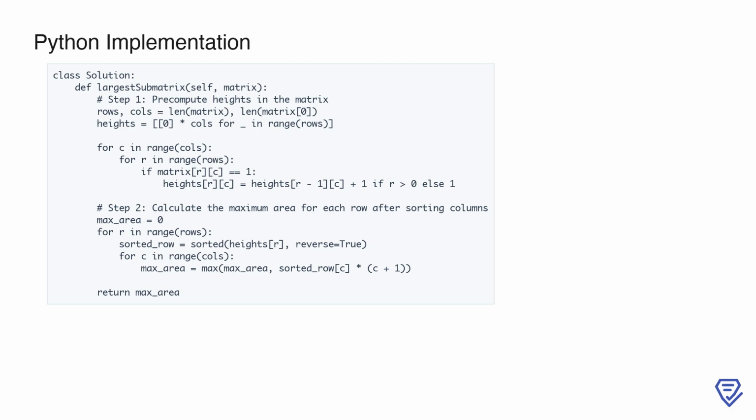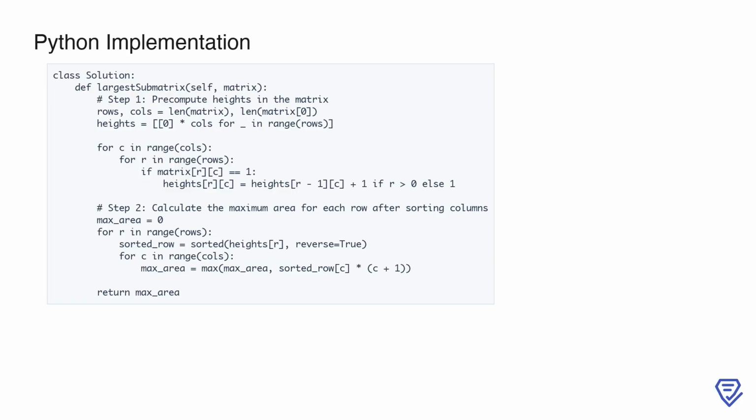Next, for each row in this heights matrix, we calculate the maximum possible area of a submatrix by sorting the heights in descending order. Sorting ensures that taller columns are considered first, maximizing the base of potential submatrices. For every column index in the sorted row, we compute the area by multiplying the height by the width, C plus 1, where C is the current column index in the sorted order.